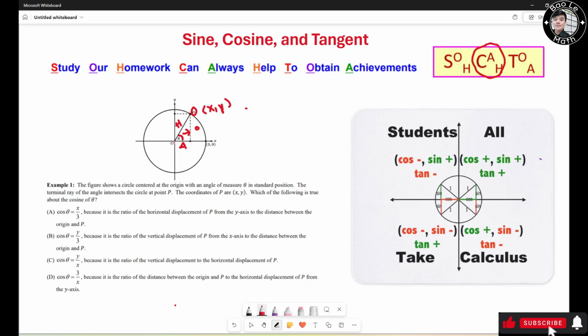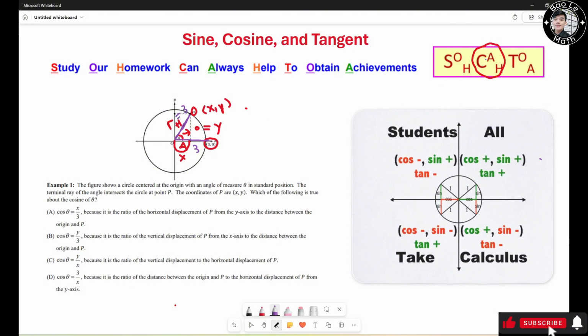Adjacent means this is the x value, opposite means the y value, and hypotenuse means the radius. Now the radius is 3. Look at this point right here, (3, 0). The distance from here to here is going to be 3 units, so the radius is 3.